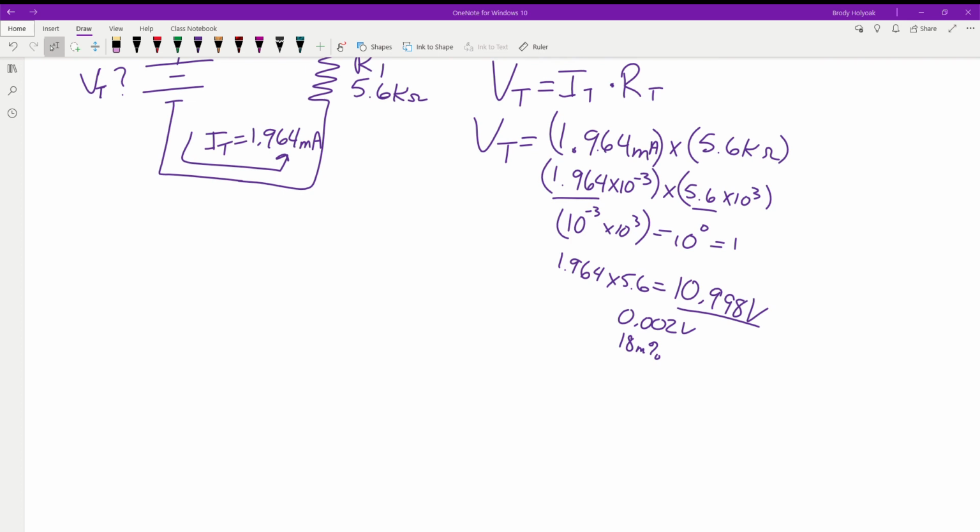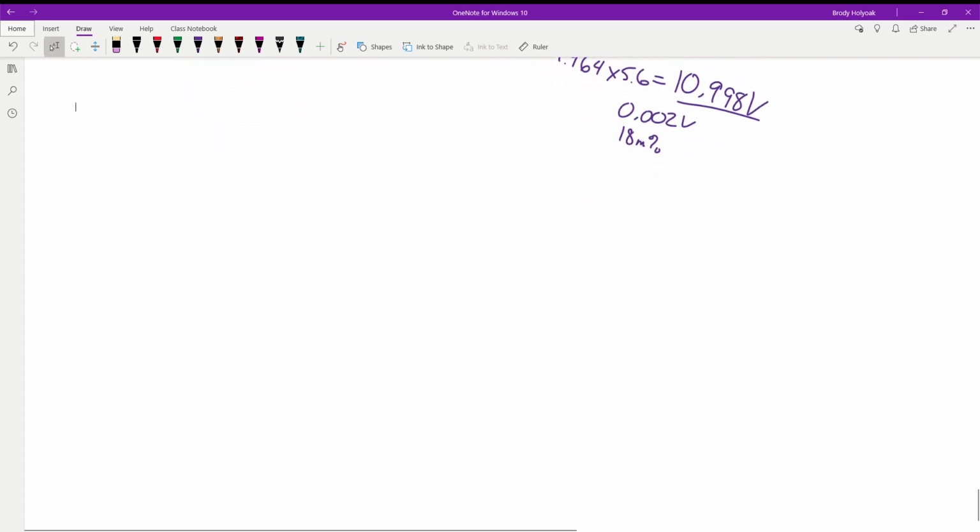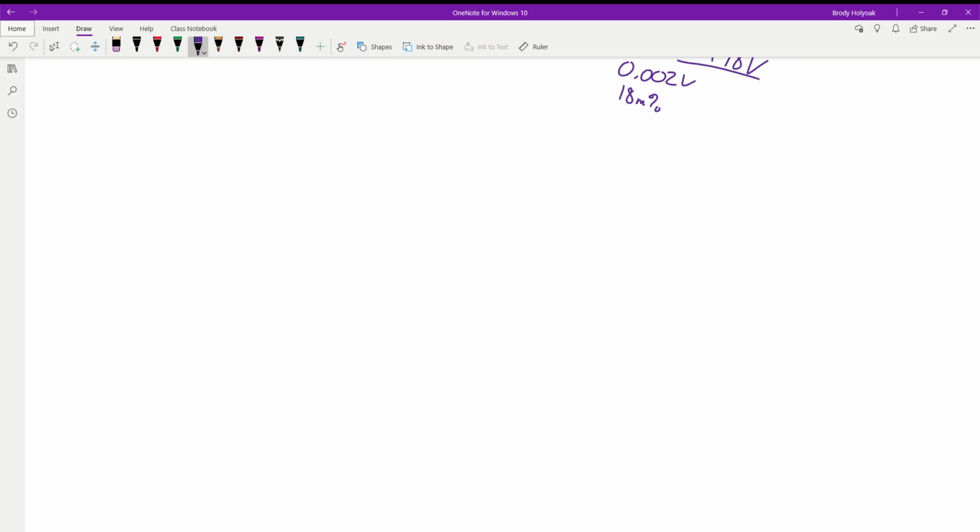Okay, let's do another one. So one of the things we're assuming when we go to measure these: we're going to have our resistor here, we're going to have our voltmeter right here.